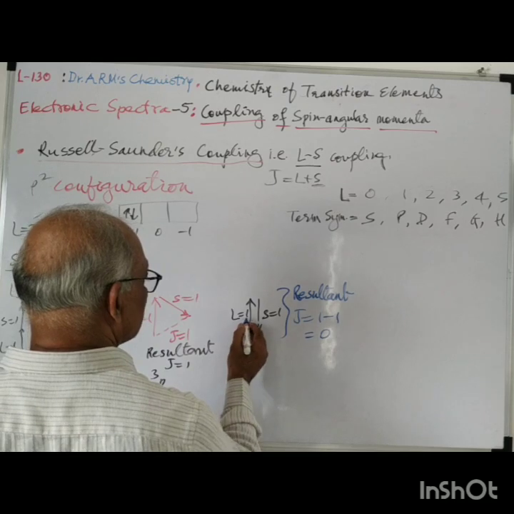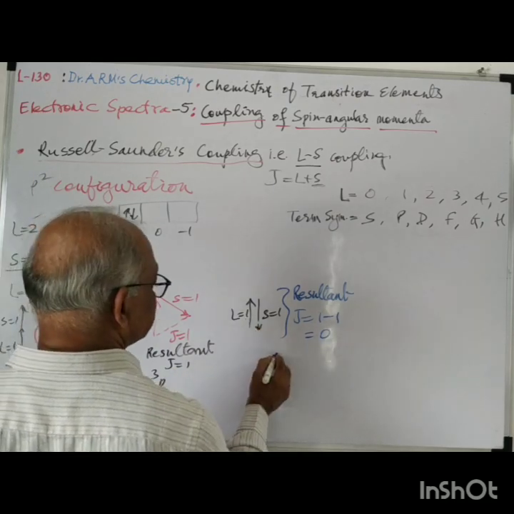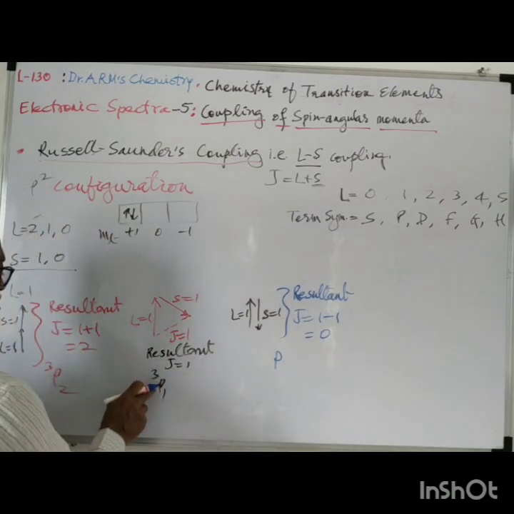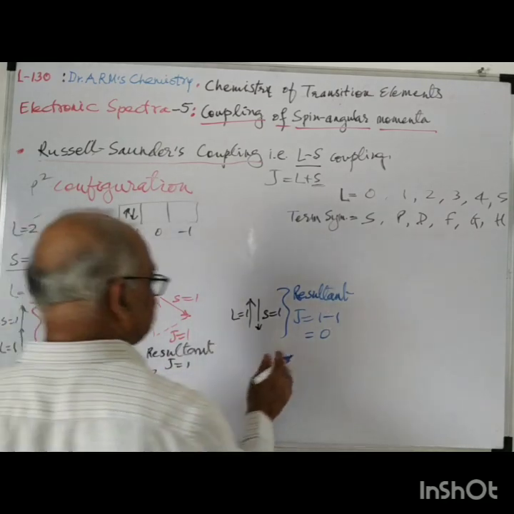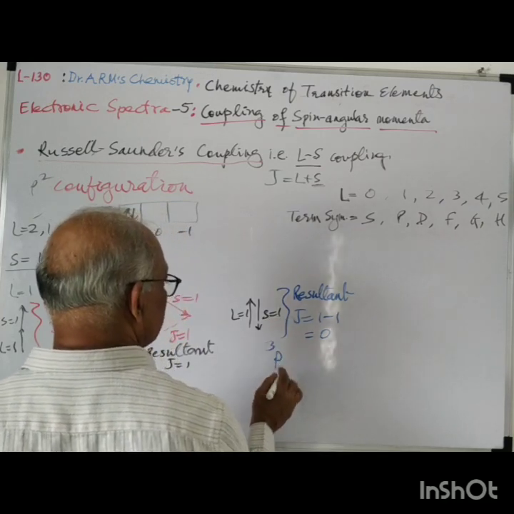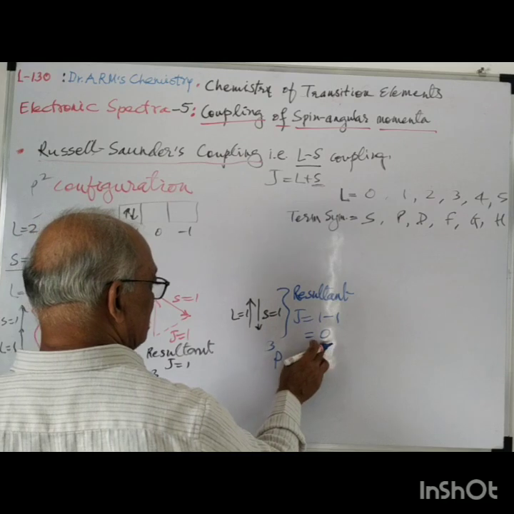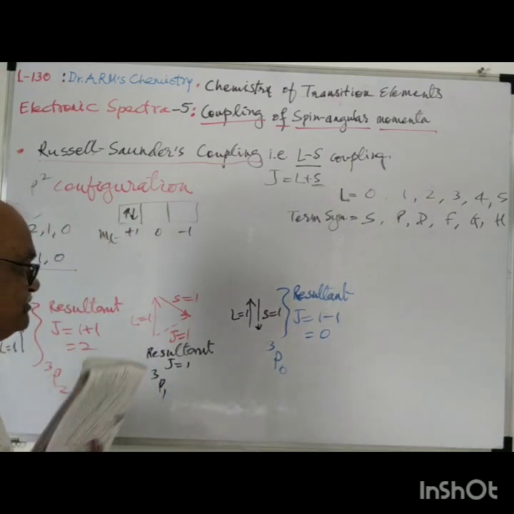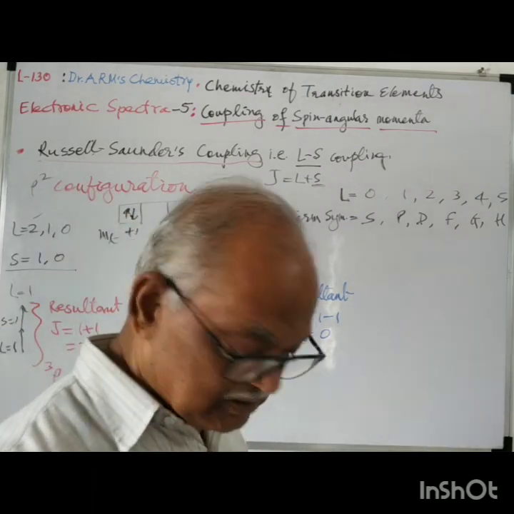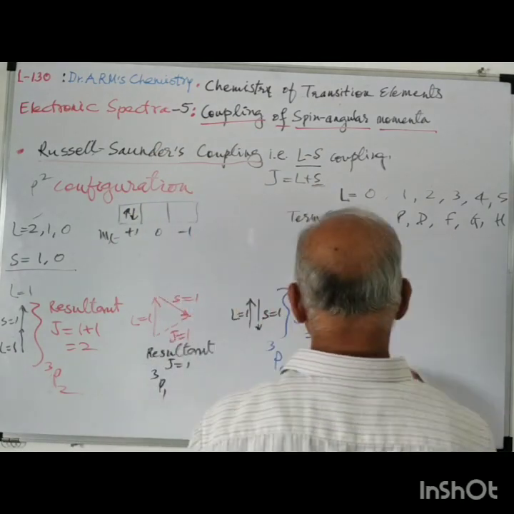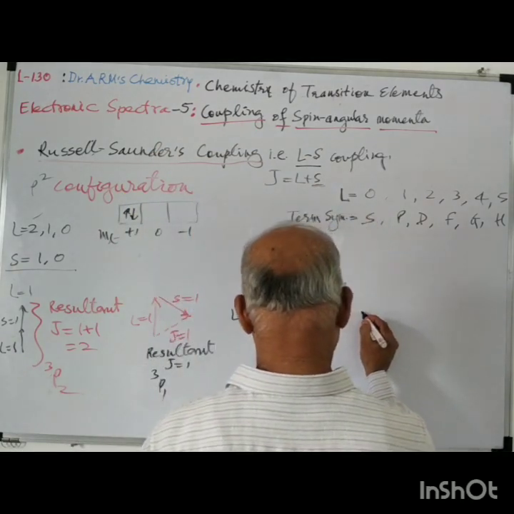Therefore, the term symbol arising is the same P, because L is 1. So everywhere this term symbol P will remain the same. Then this triplet is the same because S is 1. Now J is 0, so it is read as triplet P 0. Now the combination is resulting in this way.